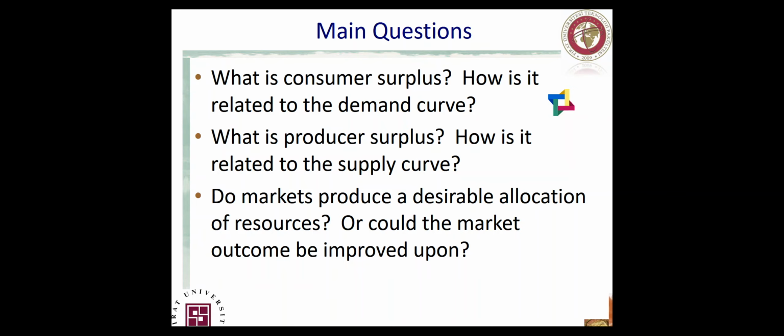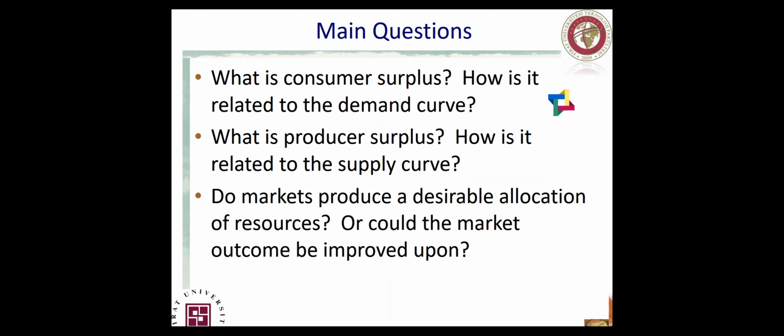So we will have main questions to address and discuss. We will discuss the concept of consumer surplus and how it is related to the demand curve. We will do the same for producer surplus, and how it is linked, in this case, to the supply curve, because as you know, demand is always related to consumers, and supply is always related to producers.